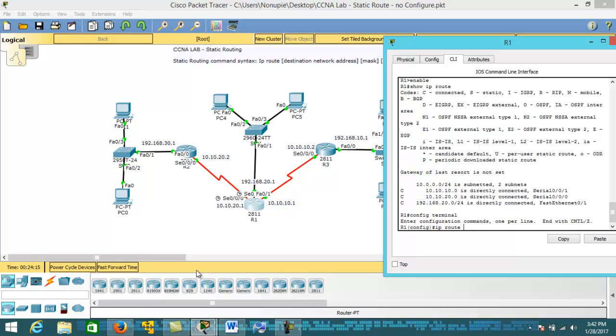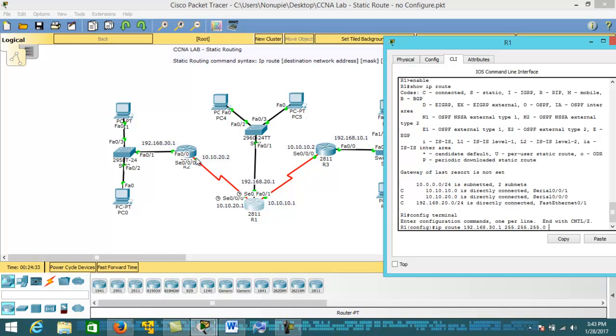So for this network, 30.1 network, 192.168.30.1, the subnet mask 255.255.255.0, and then what will be the exit interface or next hop address?